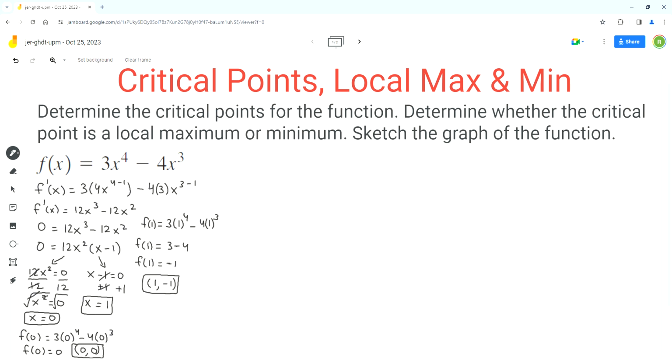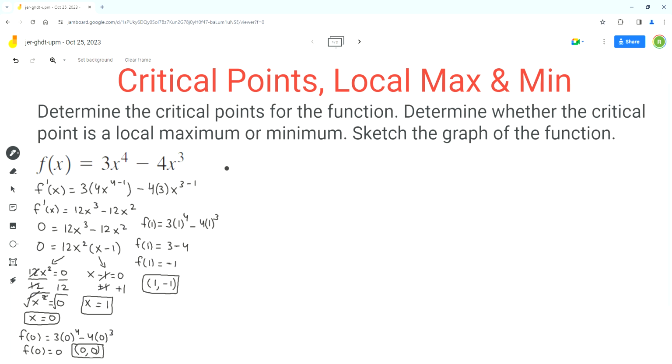Now in the second part, we have to determine whether each critical point is a local maximum or minimum. For that, we'll use the first derivative test and find whether the function is increasing or decreasing on both sides of these critical points. We'll use the number line method.